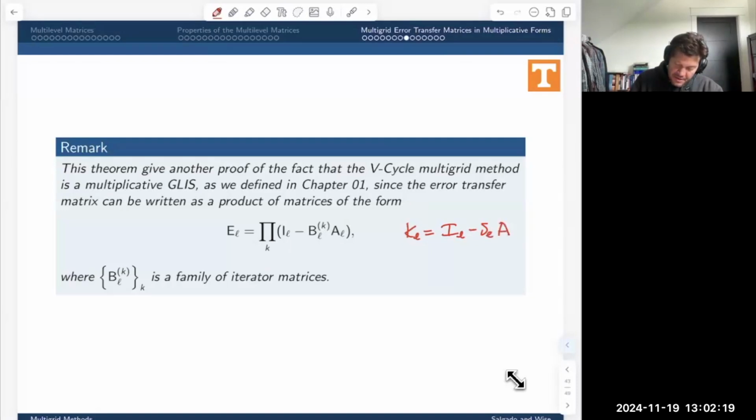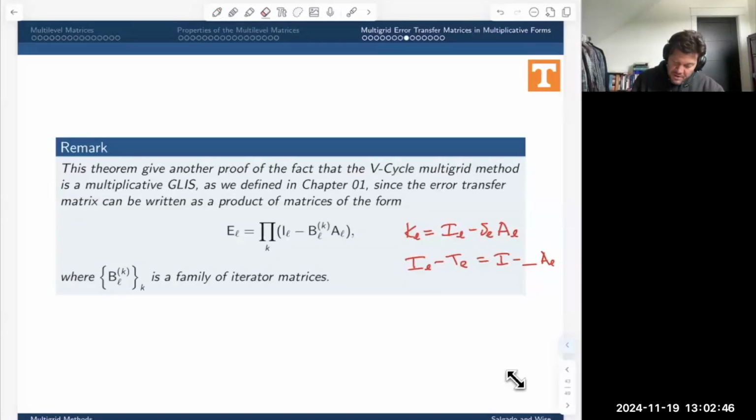The T_L matrices can also be written in the same way. So the I_L minus T_L matrices can be written as I minus some iterator times A_L, whatever that is. And so we have this for all of those matrices.